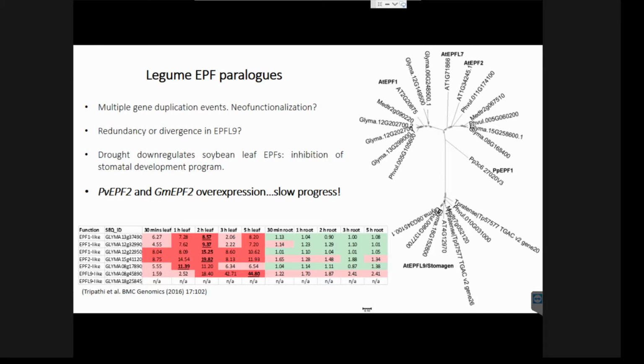Now, a large part of the work has been looking at these genes and seeing what they do by complementing in Arabidopsis, but also we're moving towards looking at overexpression in soybean.